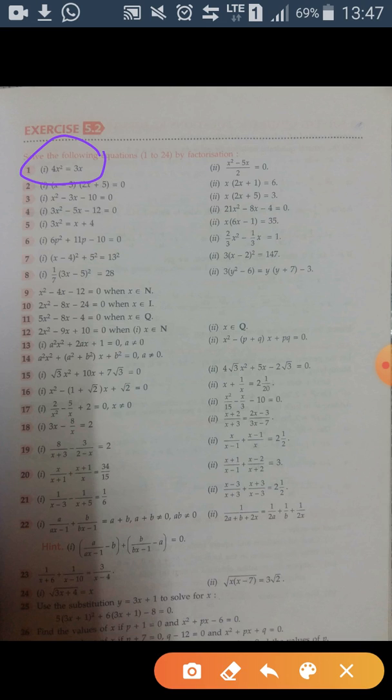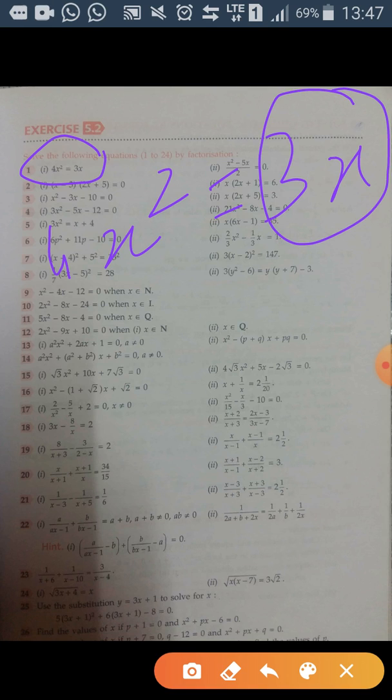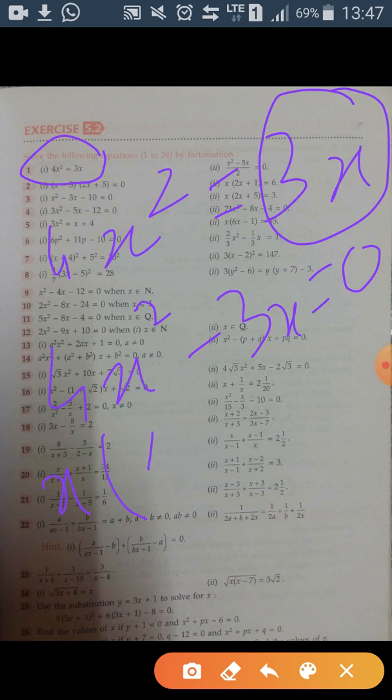The first one is showing that 4x square is equal to 3x, and they're asking you to find the value of x. So first I write down that 4x square is equal to 3x. Now I bring this 3x to the left hand side, so 4x square minus 3x is equal to 0. Now if you take x common, it is x into 4x minus 3 is equal to 0.